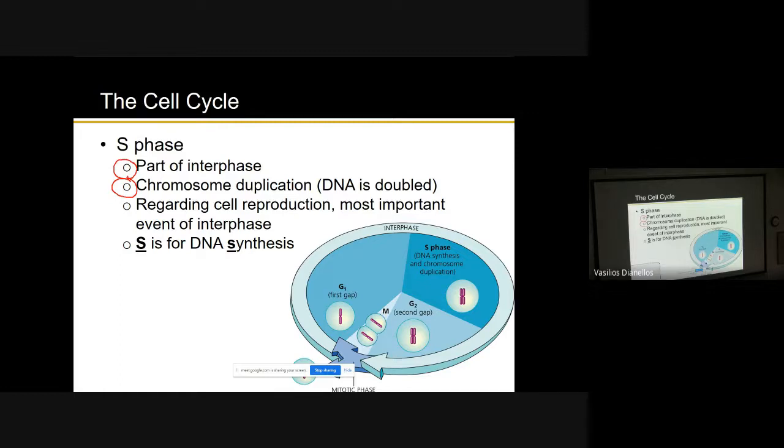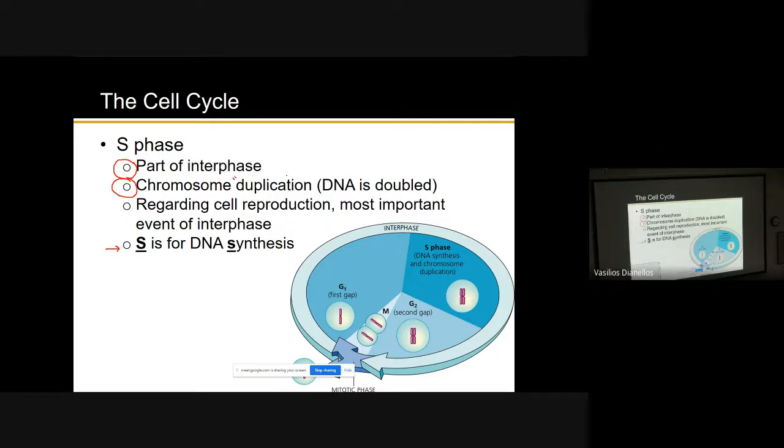The easy way to remember that is the S for S phase stands for synthesis. I'm not going to ask you what S stands for. That's just a hint, my way of helping you remember when you get the test question: at which stage does DNA duplication happen? It is S phase.